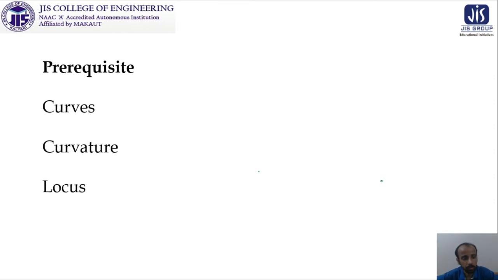Then we need the concept of locus. If you have a point which is moving under some restriction, the track it generates is called the locus of that point. You can think about the locus of Halley's comet.